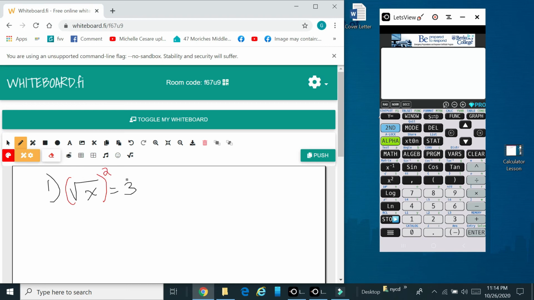And then since you do that to one side, you have to do it to another. Whatever you do to one side of the equation, you have to do it to the other side. So now, square root x times square root x will leave you with just x equals, now 3 times 3, that's going to give you 9. And that's the answer.